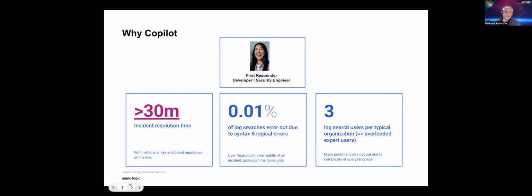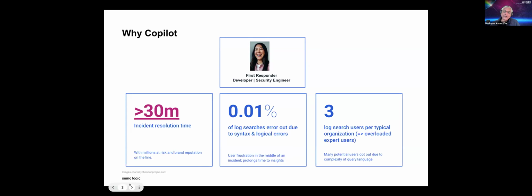In the case of security incidents, it's at least 60 minutes, and it can go into days and weeks for the more complicated security incidents. In the case of application and infrastructure observability, these incidents are typically at least 30 minutes long and can extend to an hour of downtime.